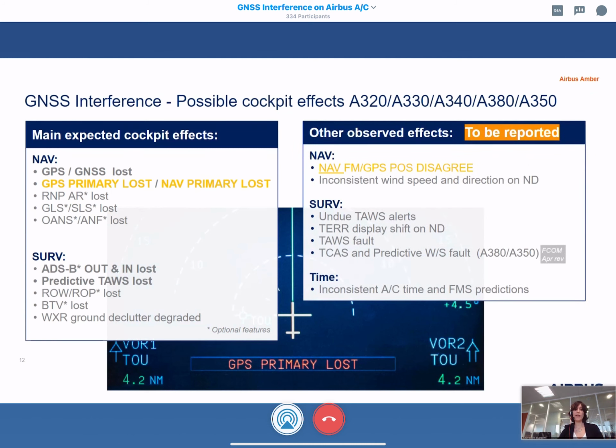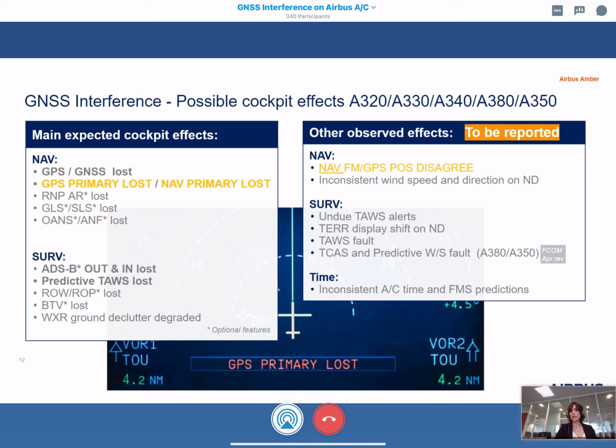Other effects that have been observed under GNSS interference, that could result from inconsistent GNSS data, are, for navigation, NAV FMS POSITION DISAGREE. It's important to highlight that this one is not only linked to GNSS inconsistent data. We could also have it with FMS degraded position, for instance.